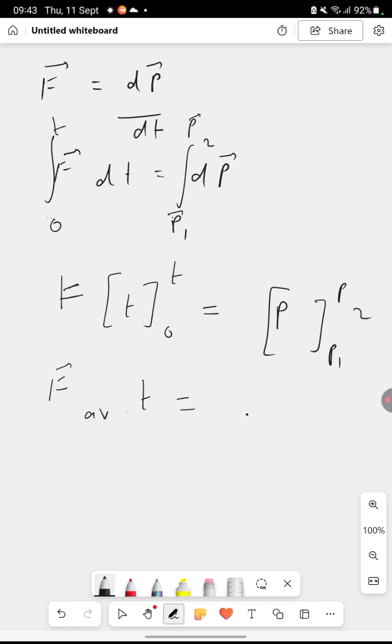equal to p2 minus p1. So from here we can say impulse is nothing but the difference between the momentum, that is, the change of momentum from one state to another. And F into t is impulse, that is equal to p2 minus p1.